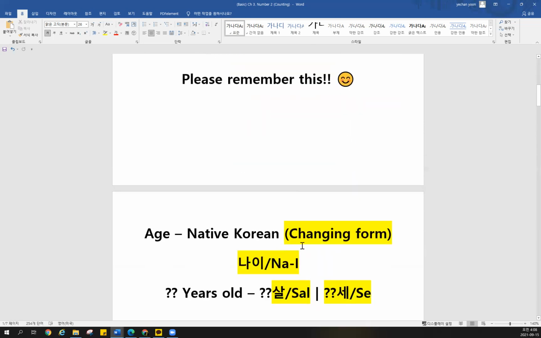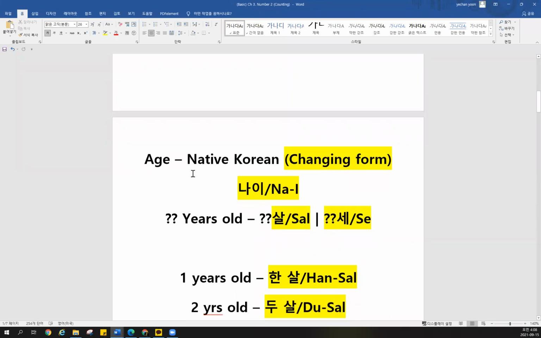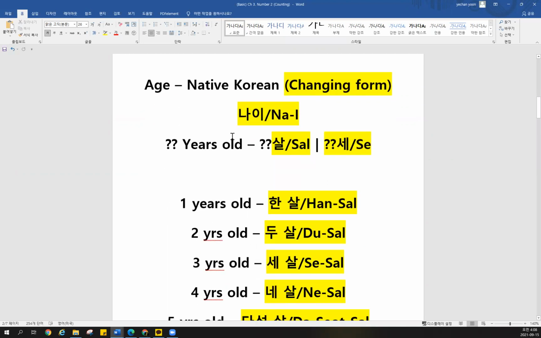Okay. So for counting age, we are using Native Korean, including the changing form. Age in Korean is 나이. So how can you say blah blah years old?